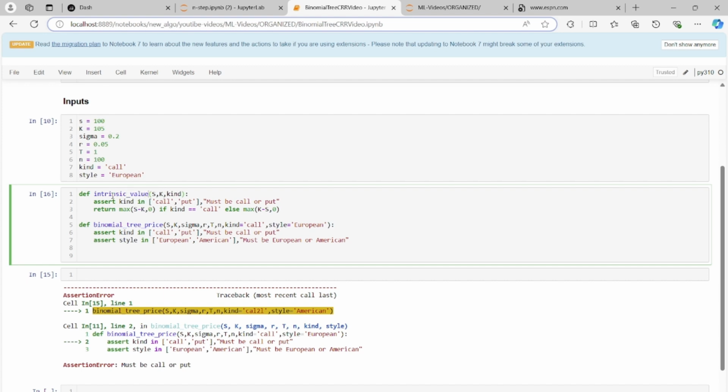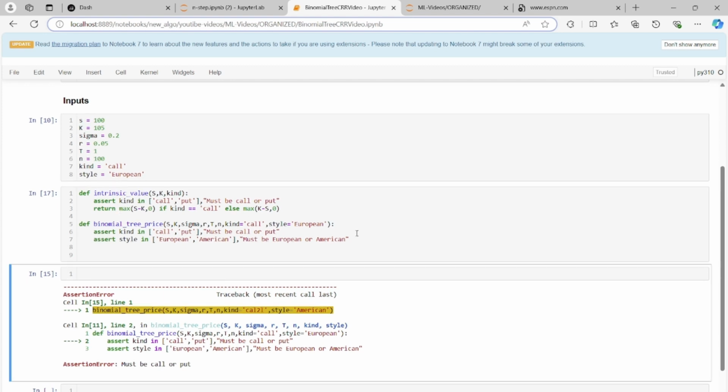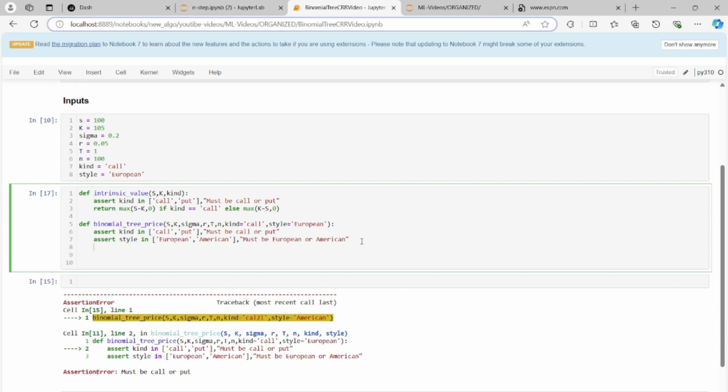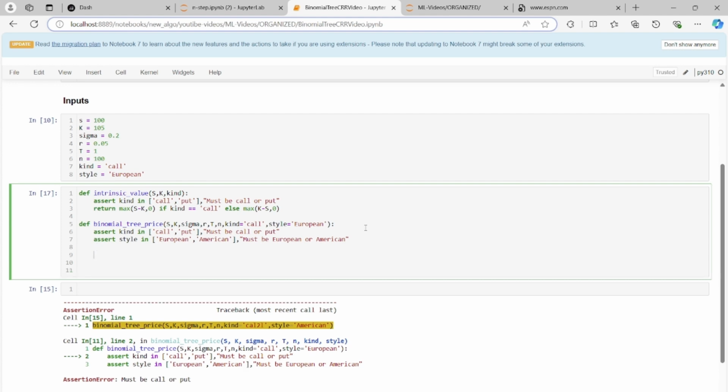Maybe I'll call it actually intrinsic value. Okay, so now let's go backwards in time. We have n time steps. Let's do the terminal time steps separately.